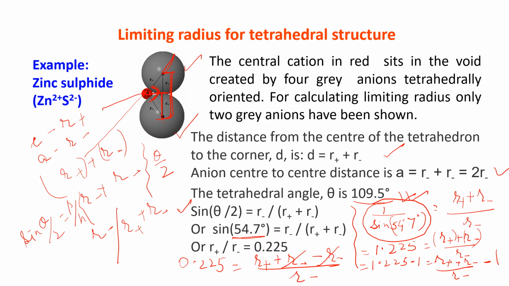This r minus gets cancelled. So 0.225 is equal to r plus by r minus, and r plus by r minus is nothing but the radius ratio. So the radius ratio for the tetrahedral structure is coming 0.225. Clear? Is it clear to you?